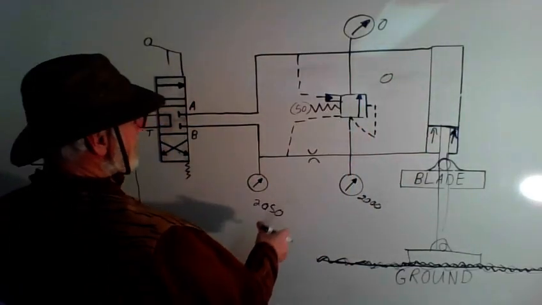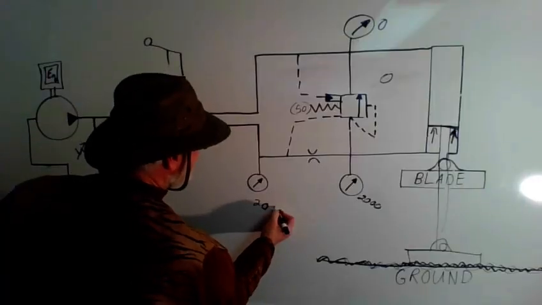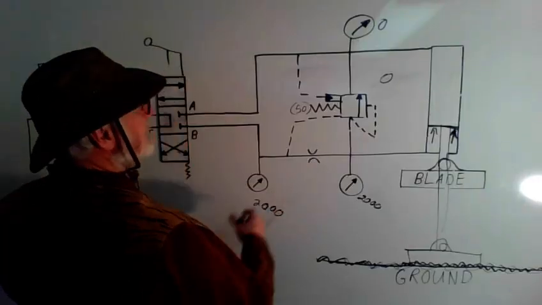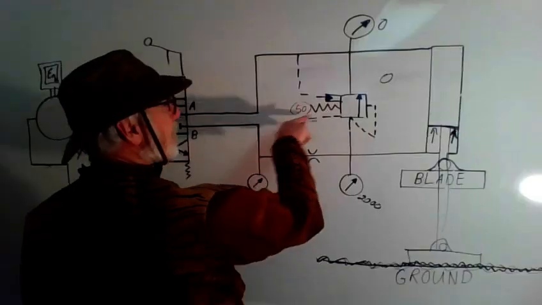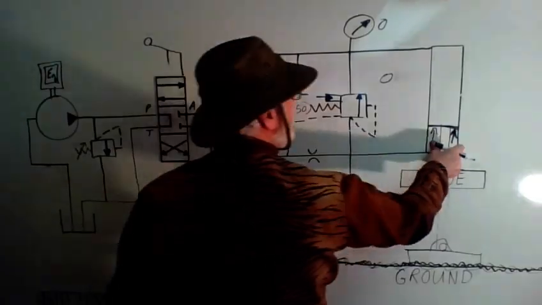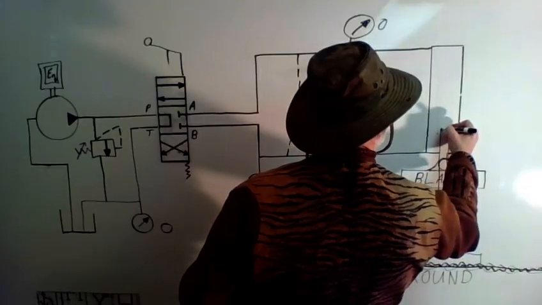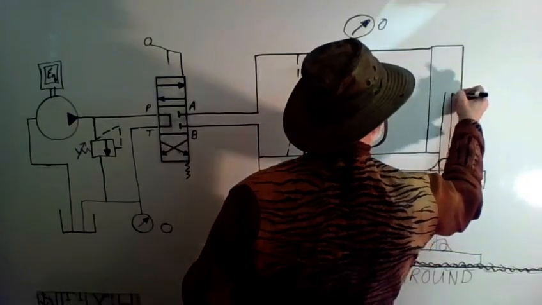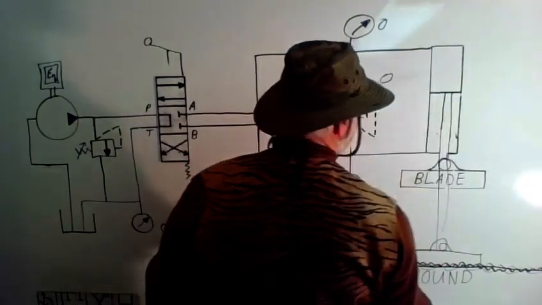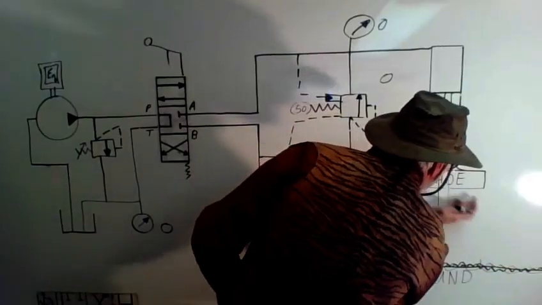And if I put it in hold, then this will equalize to 2000, but I still have enough force to keep this closed, and I will be able to hold this blade wherever I raise it up in the air, up to a certain point. Great. The blade is off the ground.